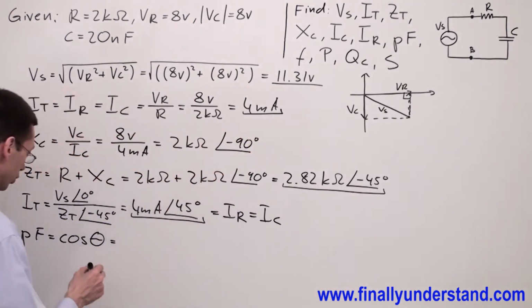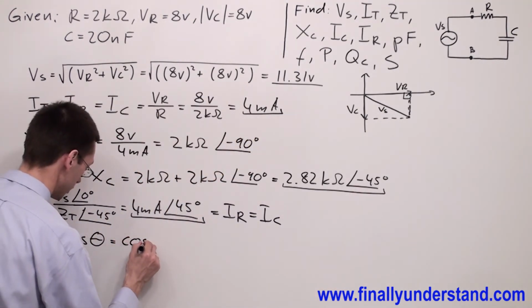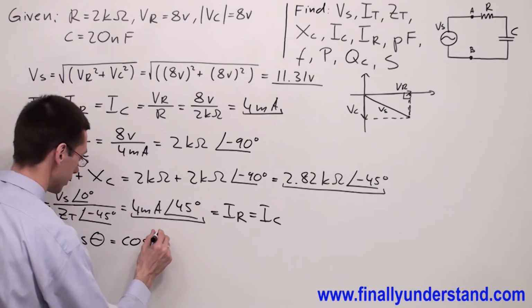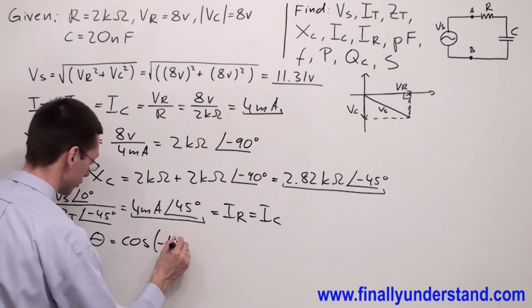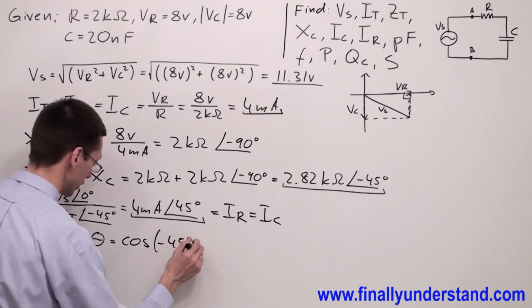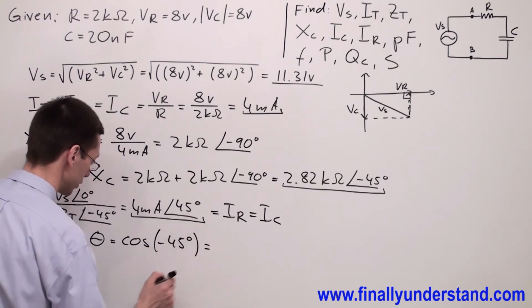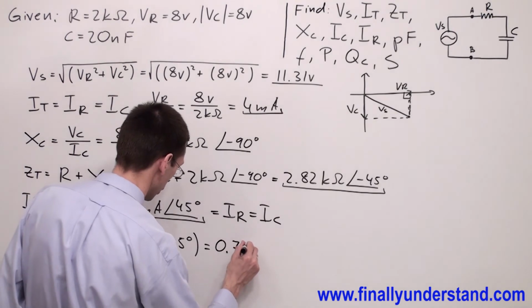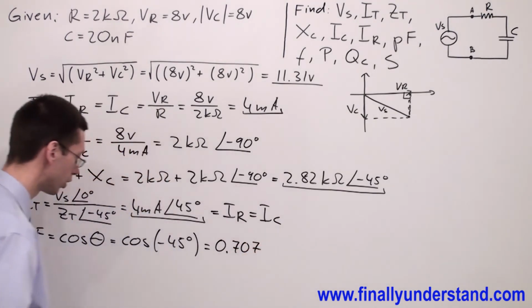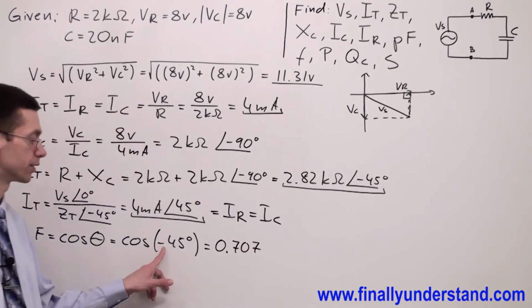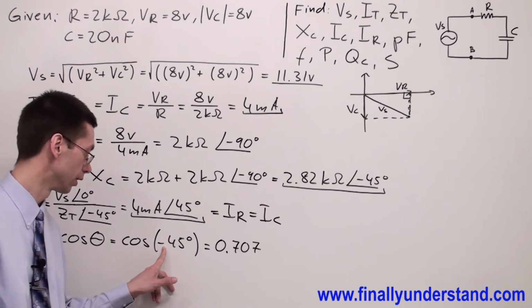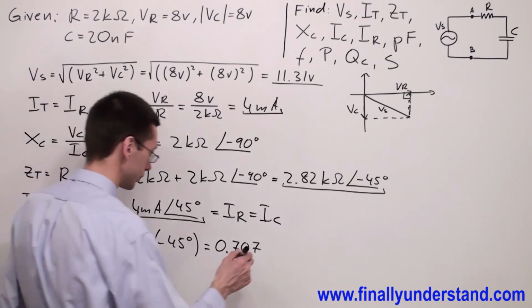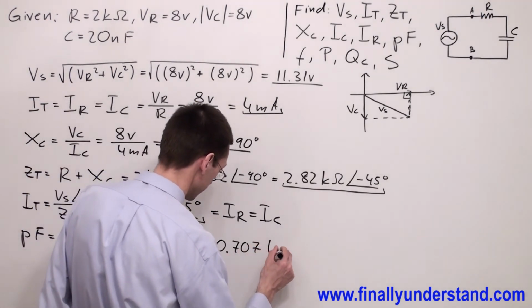So I have cosine of negative 45 degrees. This is equal to 0.707, and because my angle is negative, I'm supposed to add the word lead.